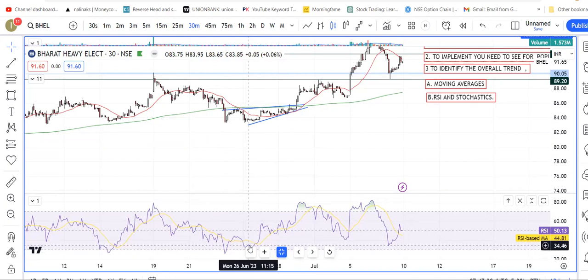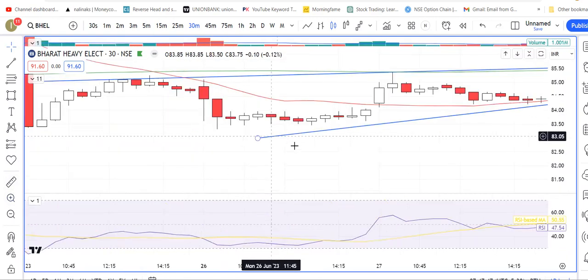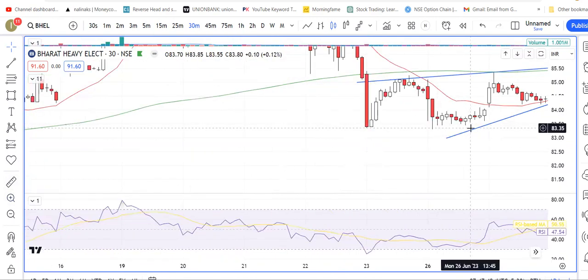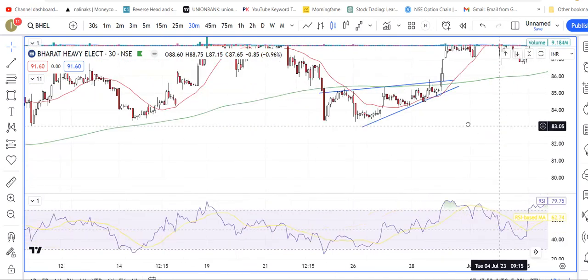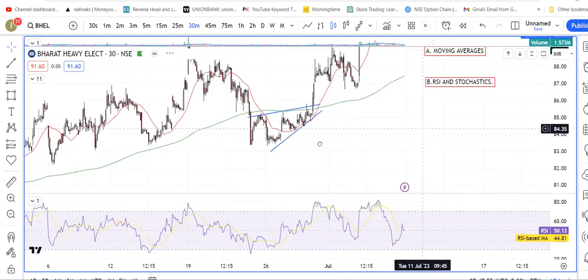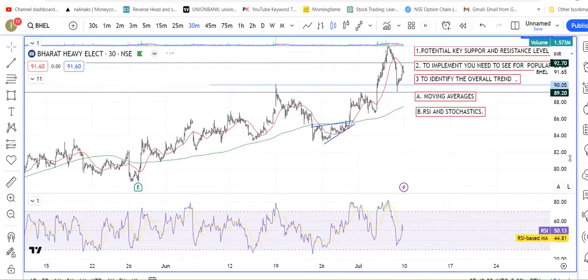When there is a divergence in the RSI, where the price fall is here and the RSI is making a higher low, it confirms that it is acting as a support. You can look for a reversal pattern here also.